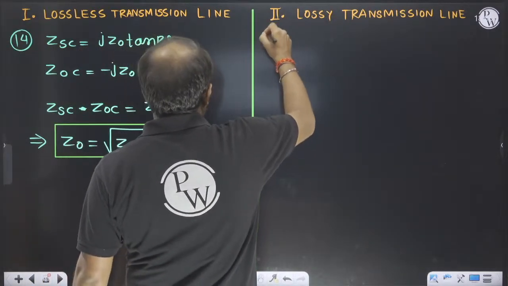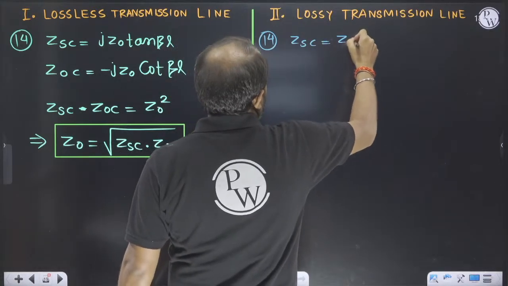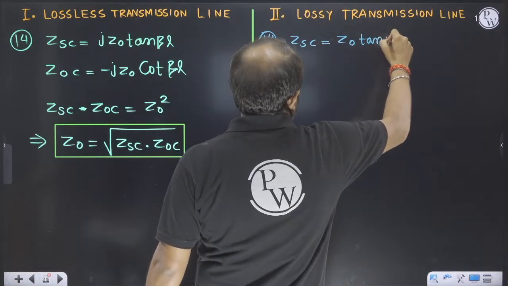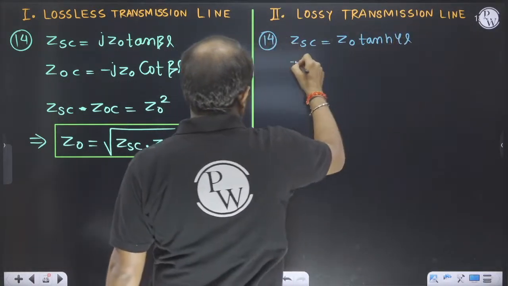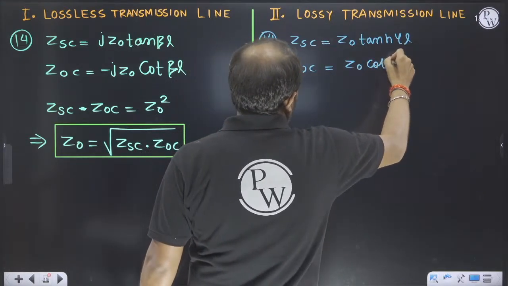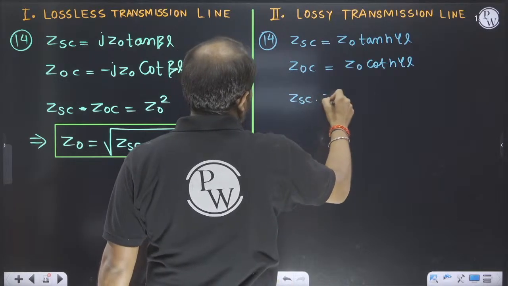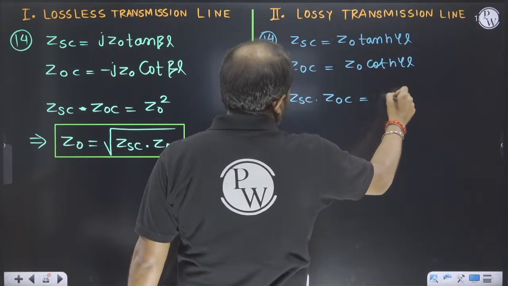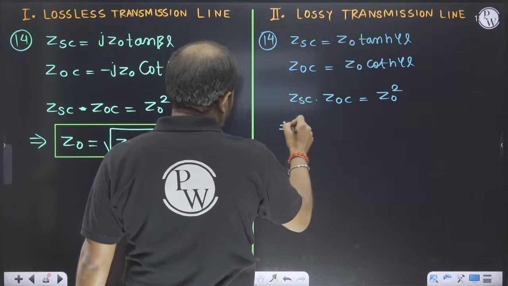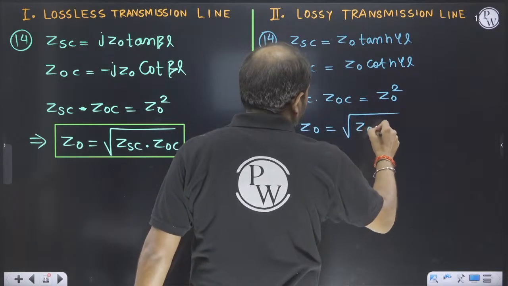Here ZSC is equal to Z0 tanh gamma L, and ZOC is equal to Z0 coth gamma L, and ZSC into ZOC is equal to Z0 square, that means Z0 is equal to under root ZOC into ZSC.